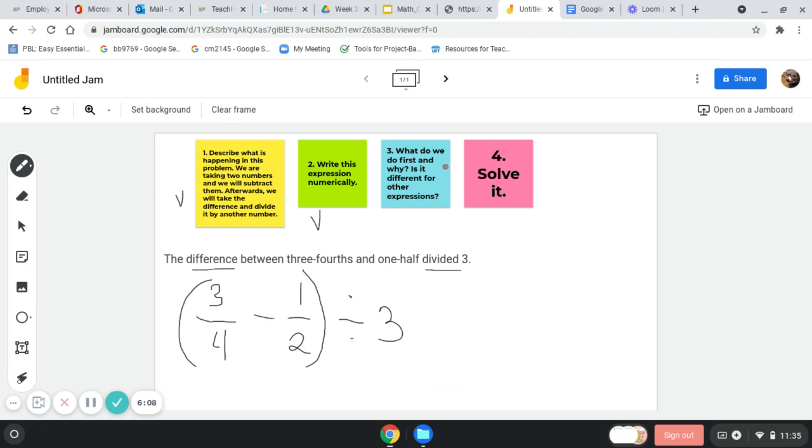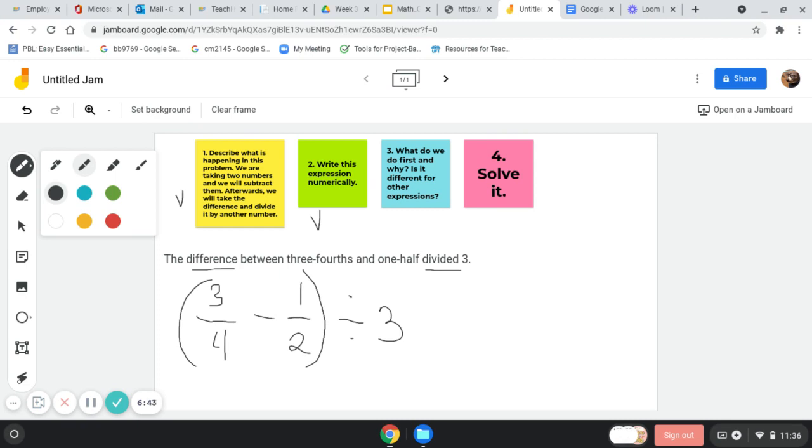So what do we do first, and why? Is it different for other expressions? We kind of spoke about that already. What we are going to do first is what is in the parentheses, which is the 3/4 take away a half. Now, not every expression is the same. You can have an expression that doesn't have parentheses, one that has brackets and parentheses, or one that has braces, brackets, and parentheses.